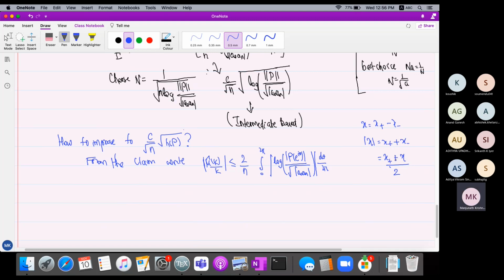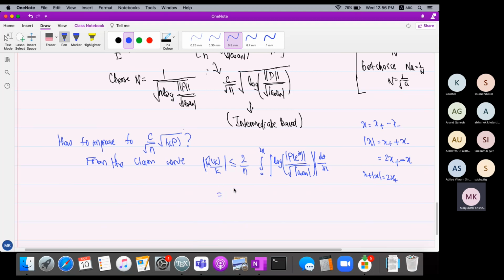What is it in terms of x plus and x? x plus mod x is 2 x plus, so it is actually 2 x plus minus x, right? So you can write it like that.